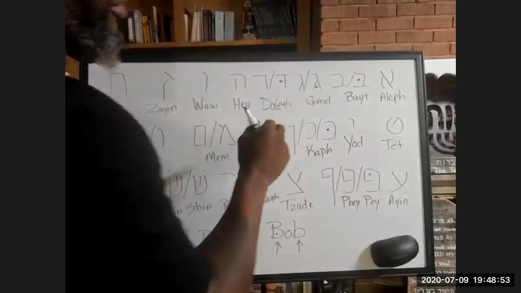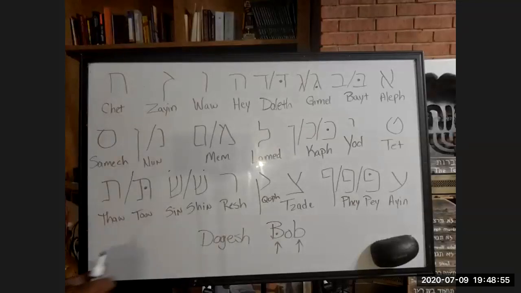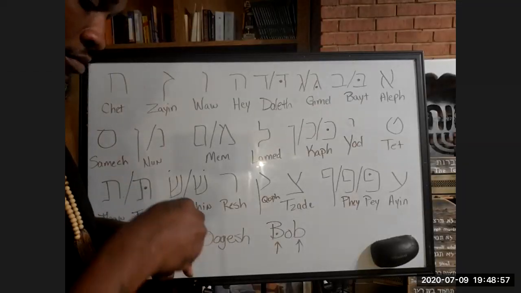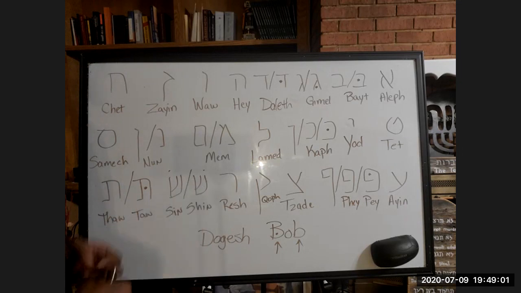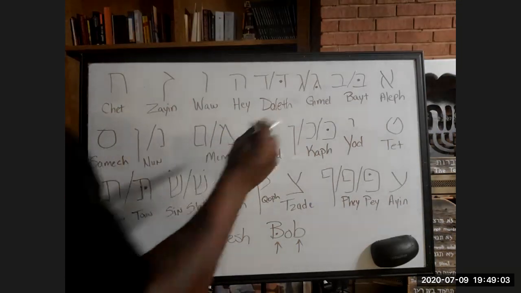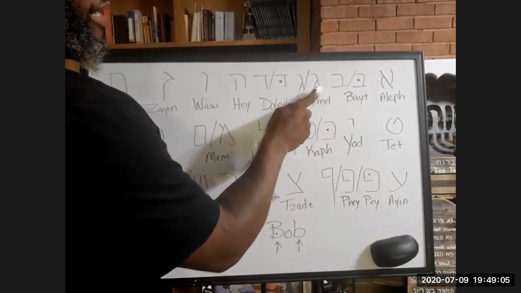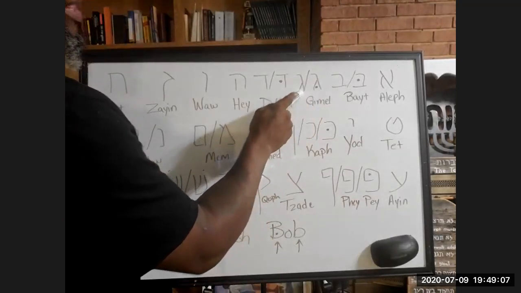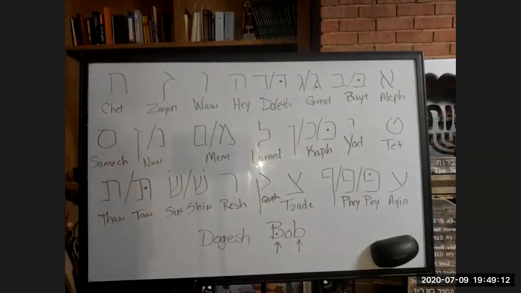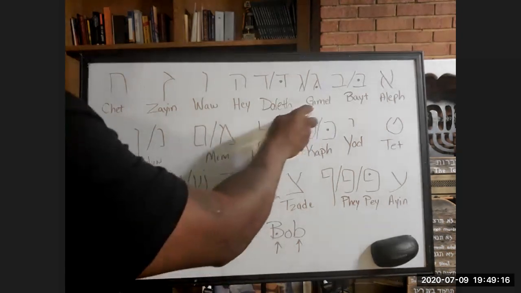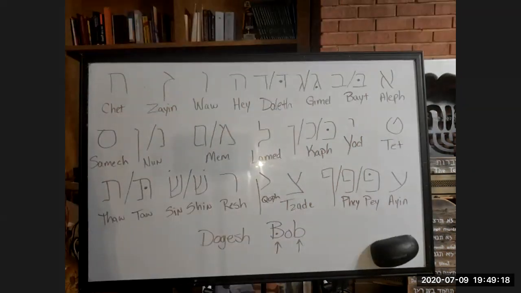Same thing with your next letter, which is your gimel. A lot of beginner Hebrew speakers don't know that there's a difference between the gimel with the dagesh and the gimel without the dagesh. With the dagesh, you're going to make a hard G, gimel, a hard G sound as in go.